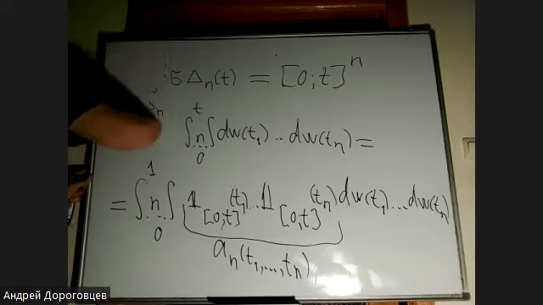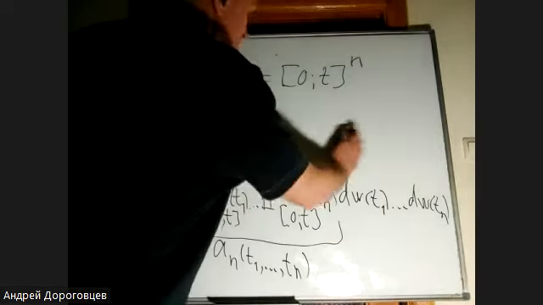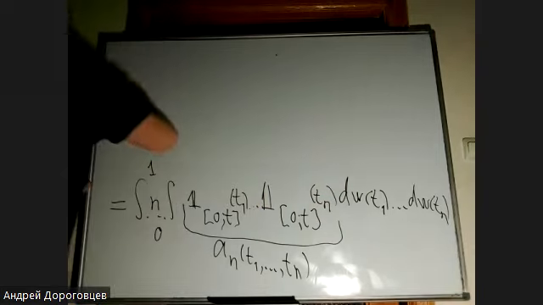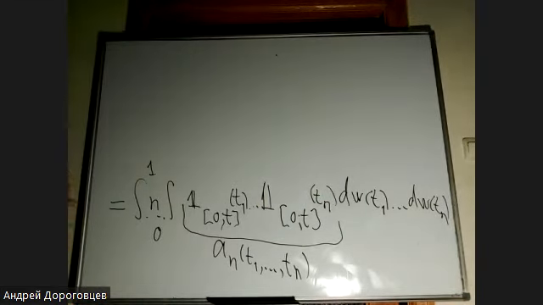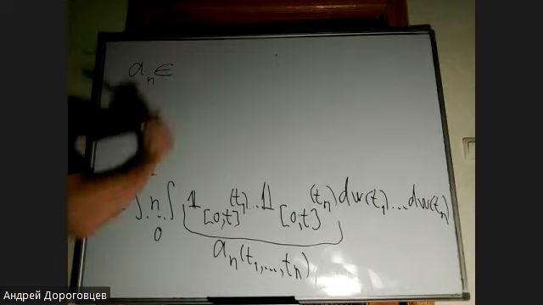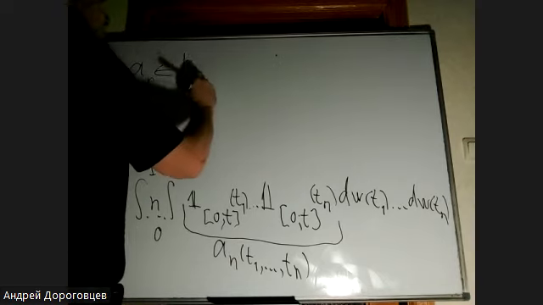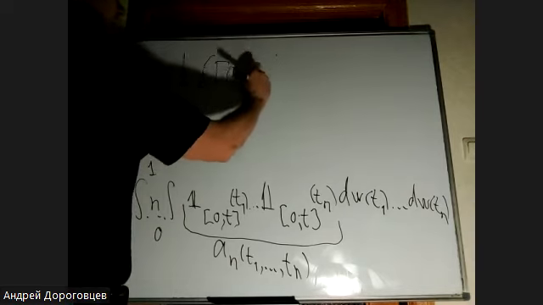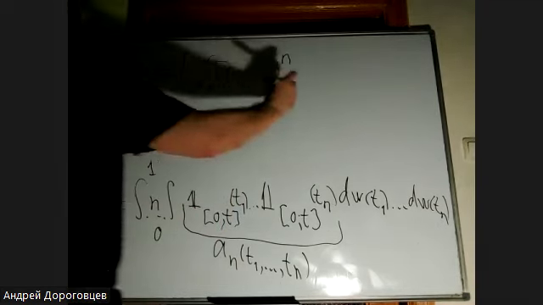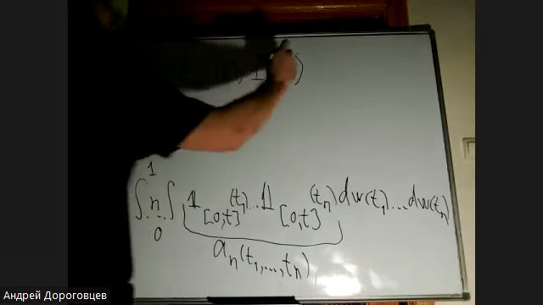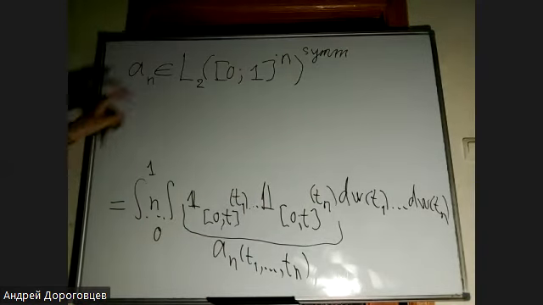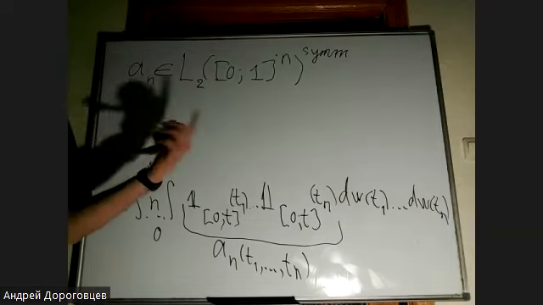So one can try to look at a more general definition of such kind of stochastic integral, and one can try to consider the following. Suppose that function a_n belongs to L2([0,1]^n). So this function is square integrable on the cube and symmetric over all permutations of the coordinates.